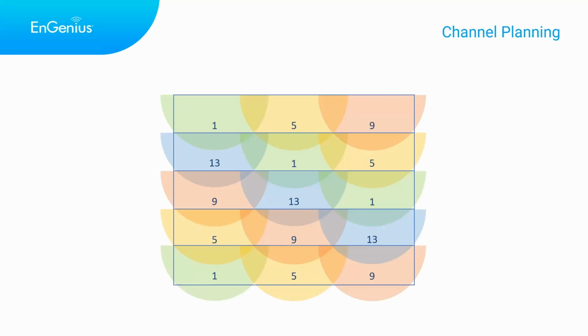If it's a commercial building, it's better to lower your transmit power so that your AP would be subjected to less interference. So for vertical deployments, let's say it's a multi-story building, not only do you need to worry about the horizontal level. Let's say 1, 5, 9 and 13 for this floor. On the bottom floor, you also need to avoid having the same channels vertically as well.